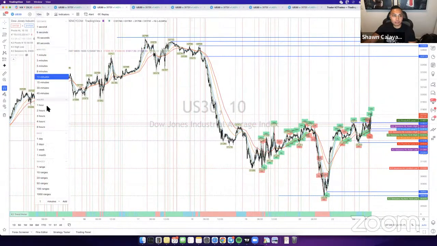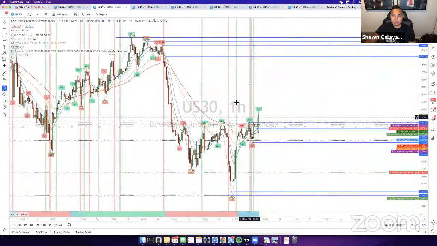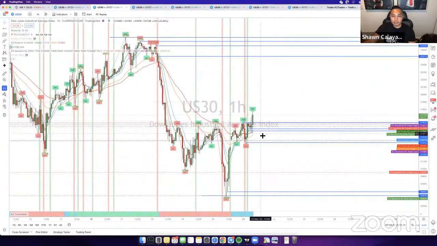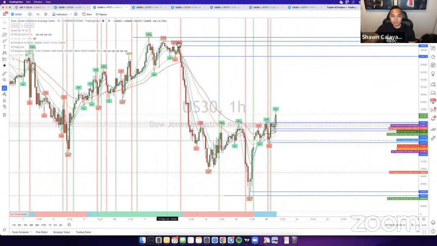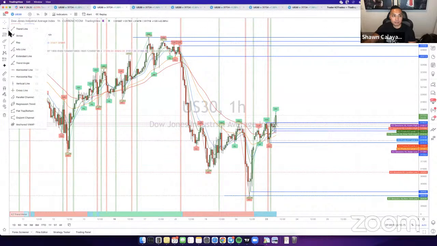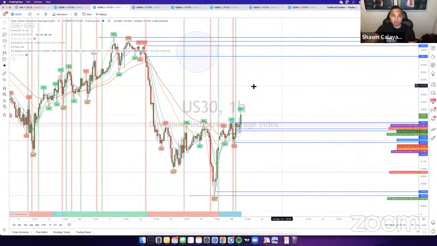If you go on the 1 hour, people trading US30 on the 1 hour, these lines here are basically indicating where everyone's stop losses are. For example, whoever took the sells here last week on the 17th and is still in the trade, this is typically where their stop losses are sitting. So we're seeing a lot of liquidity around this area. One thing you want to look out for, if you're looking for that pushback to the upside, is price hitting this area right here.